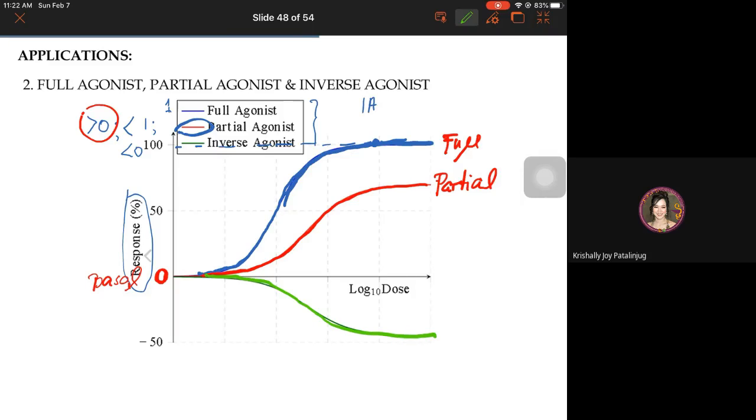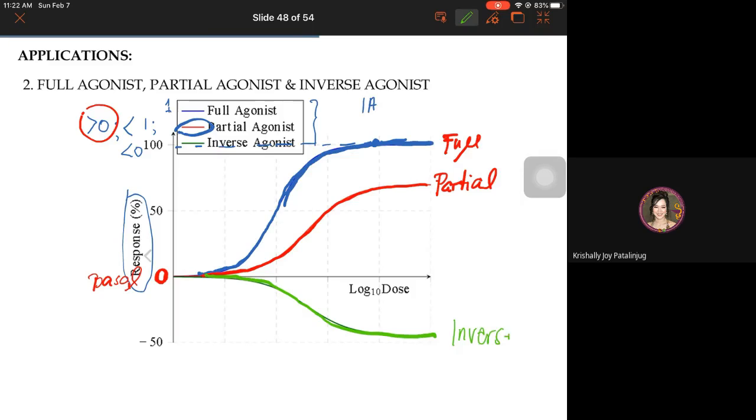So that is how we plot the intrinsic activities of full agonist, partial agonist, and inverse agonist using this dose response curve.